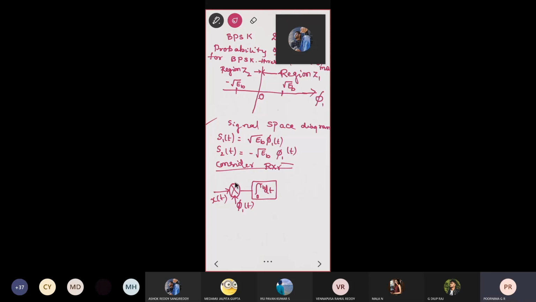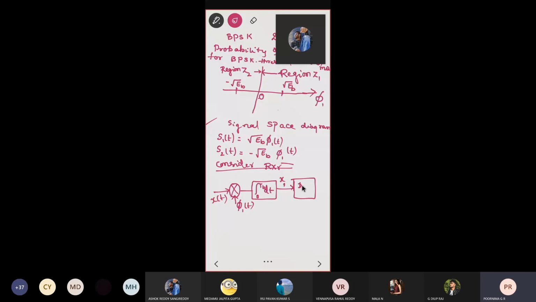The output of this integrator is a signal vector x1. It will be given to a decision device. This decision device will take a decision on whether symbol 1 has been transmitted or symbol 0 has been transmitted.